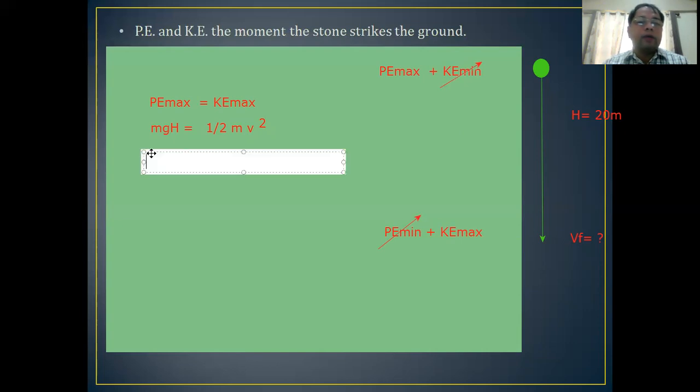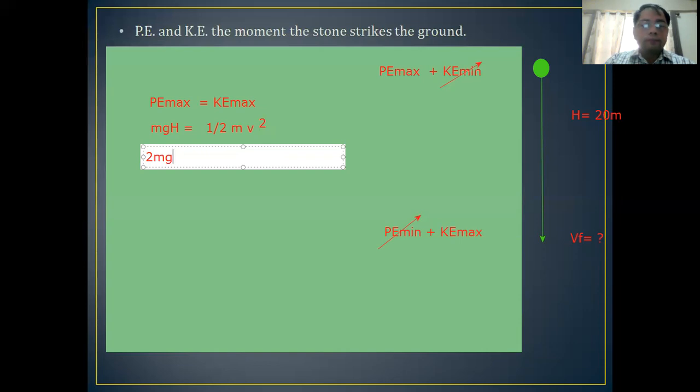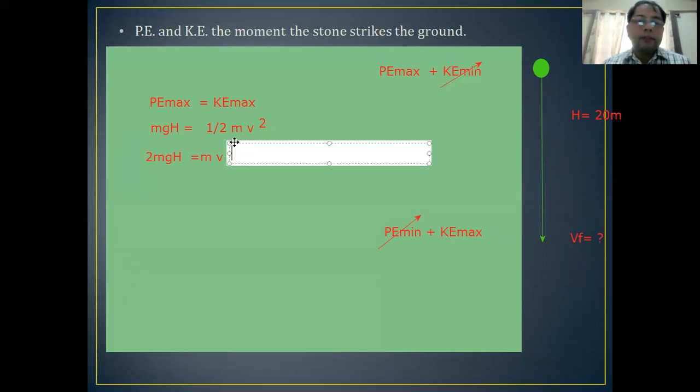So you will eventually have 2mgh equals mv squared. We simply transfer the 2 or 1/2 to the other side so that we will have no denominator. We will notice also that m is found on both sides of our equation, so that m can be cancelled out.